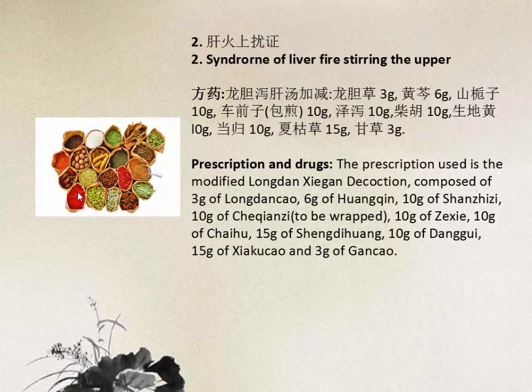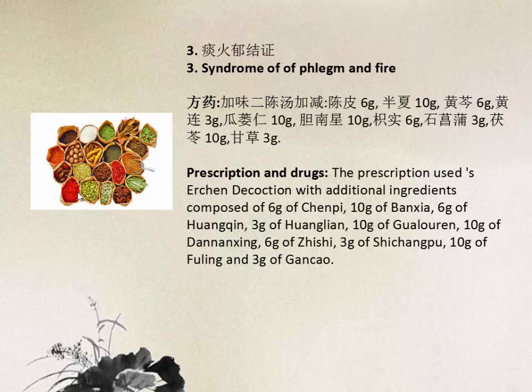We often use Xia Ku Cao, specifically in the liver. Yeah, if it's a heat pattern. All right, Gan Cao, of course. All right, phlegm and fire. Major formula for phlegm. First thing you think of.